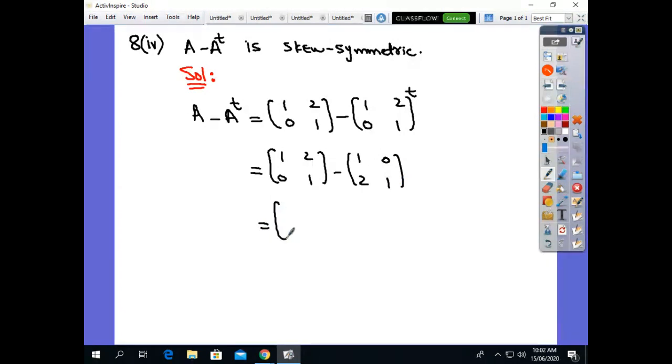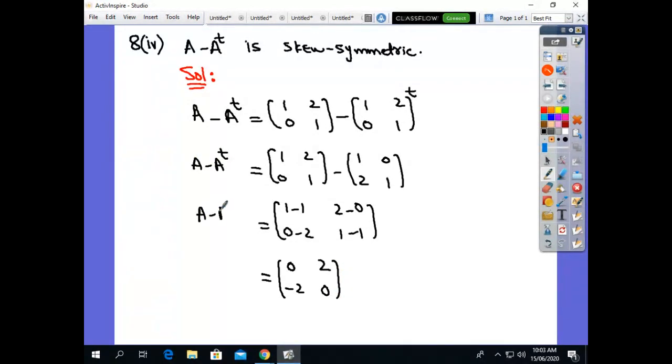Now subtracting these two matrices, we get 1 minus 1, 2 minus 0, 0 minus 2, 1 minus 1. It becomes 0, 2, negative 2, 0. That is, A minus A transpose becomes [0, 2; negative 2, 0].